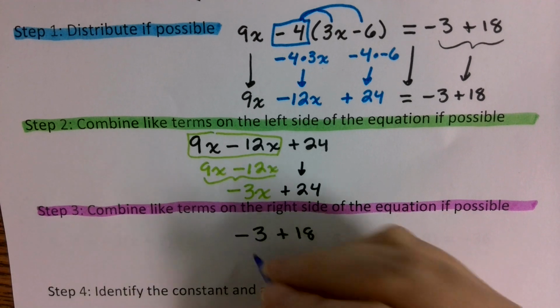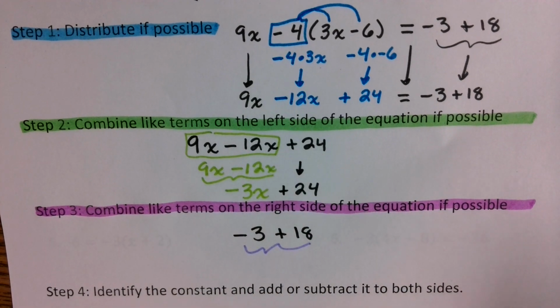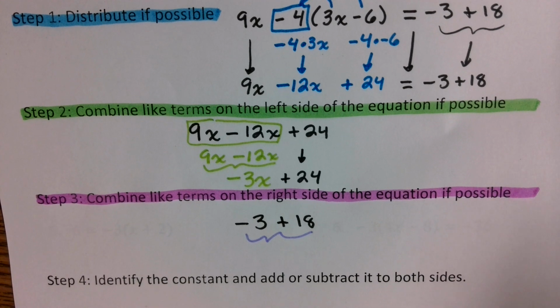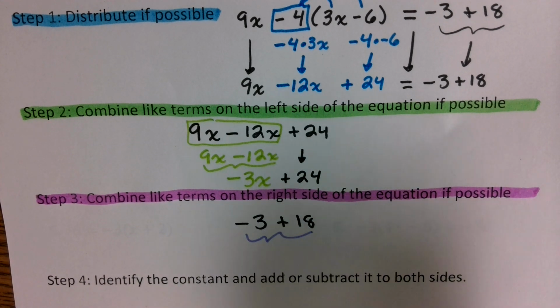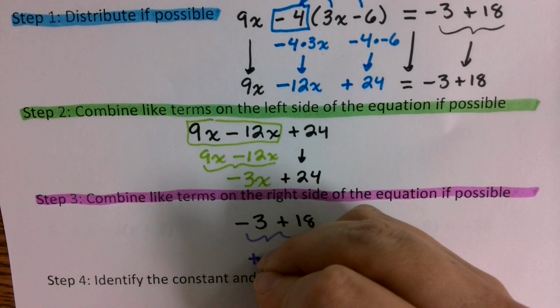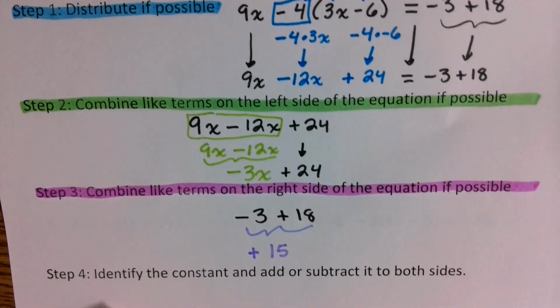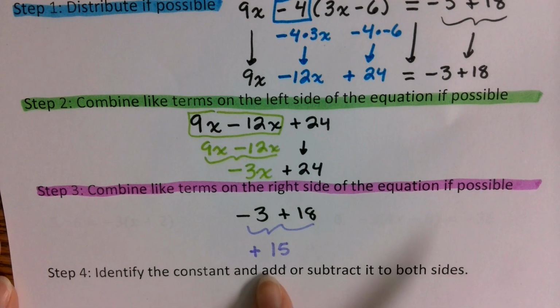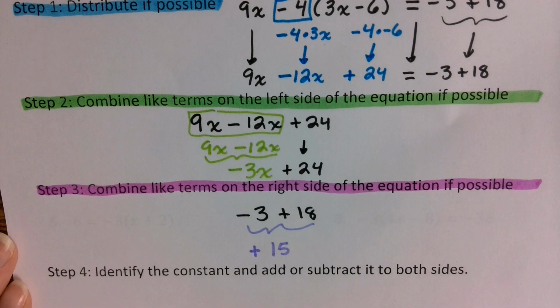Yeah. I can combine this. What is this going to equal? 15. Positive or negative? Positive. I want to make sure that I understand it is a positive 15. I don't have to write the plus sign because there was nothing else with it, but I want to indicate to you it is a positive. Make sure you understand that.